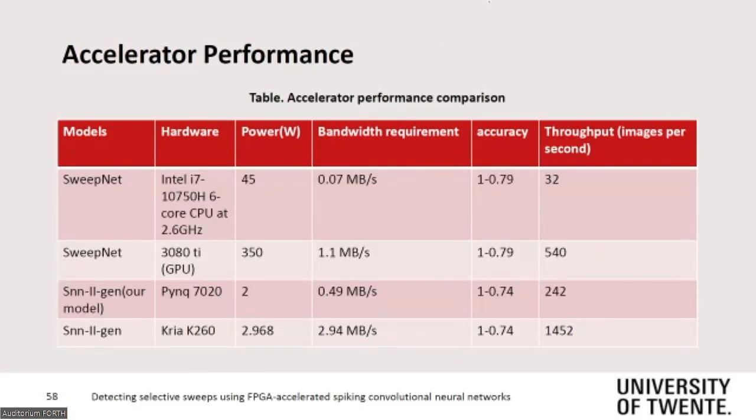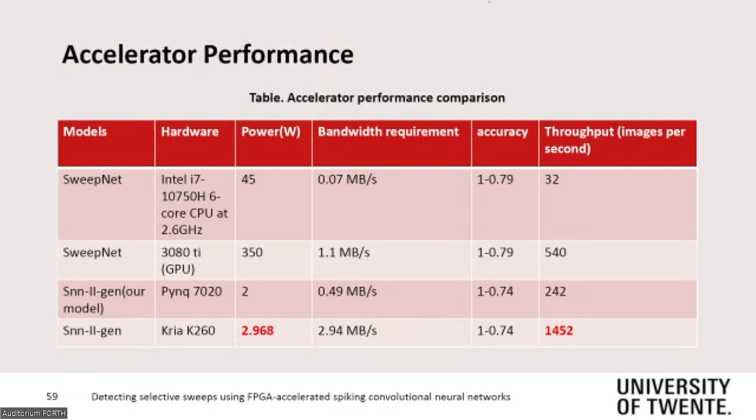Then we also compared the accelerator performance. Here, first we compared our SCNs deployed on the Pynq and the Kria, two different FPGAs, against SweepNet deployed on a general CPU and GPUs.